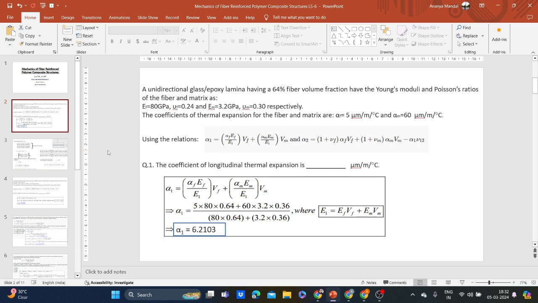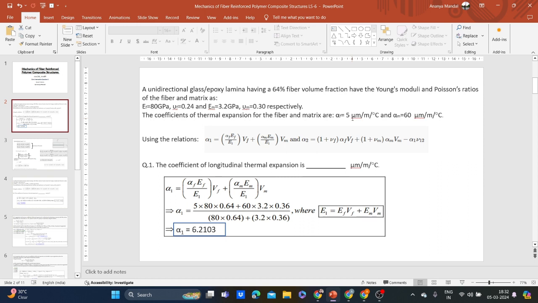It will come under minus also, ma'am? Which one? Coefficient of thermal expansion. For the fiber, in the assignment it is given as 5.1. Yeah, but in the assignment they have given minus 1.3. That's what I'm just confirming. It comes to minus also, ma'am.